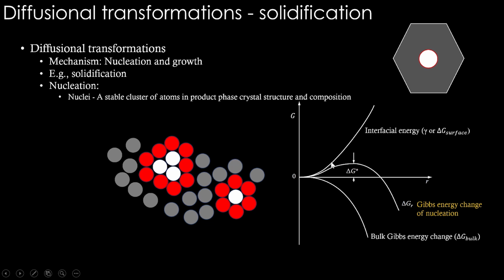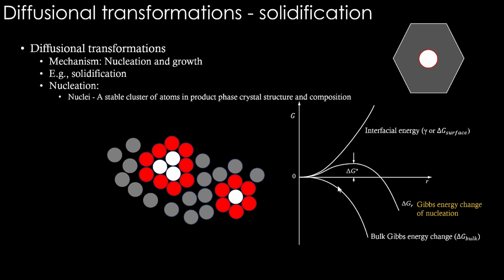And if you see this curve here, this is the bulk Gibbs energy change, that is delta G bulk, meaning if grey atoms become white atoms, how much will their Gibbs energy change be. Okay, that is what bulk Gibbs energy change means. So the bulk Gibbs energy change is a negative value all along, and there is a competition between this interfacial energy and the bulk Gibbs energy change. You can see that.